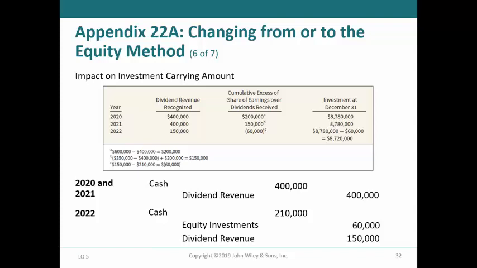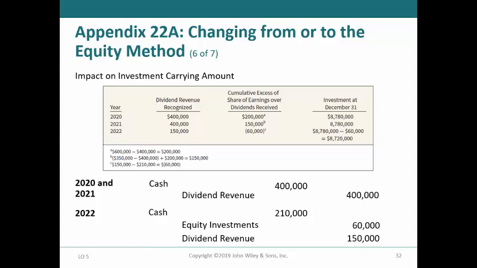2020 through 2022. In the first year after the equity method was no longer used, the investor's share of the investee's net income was $600,000 and dividends received were $400,000. Therefore, there were no liquidating dividends, and all the dividends were credited to dividend revenue, and the difference of $200,000 is added to the cumulative excess of earnings over dividends received to be used in future periods to offset any liquidating dividends.